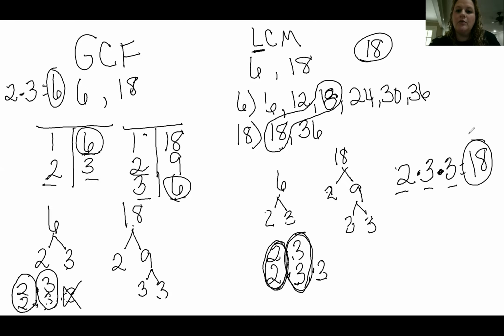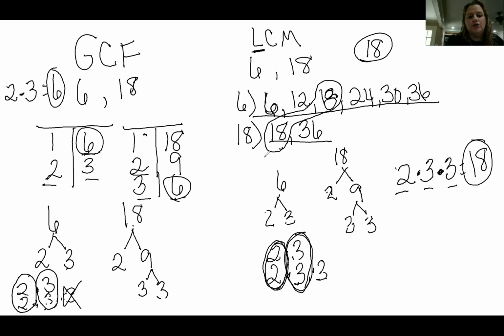For your least common multiple, you're making a list, basically going across like a multiplication chart. On a multiplication chart, when it lists the multiples of 6, it would be like 6 times 1, 6 times 2, 6 times 3, 6 times 4, 6 times 5, 6 times 6. That's basically what you're doing. And then you're looking for the lowest one they share.